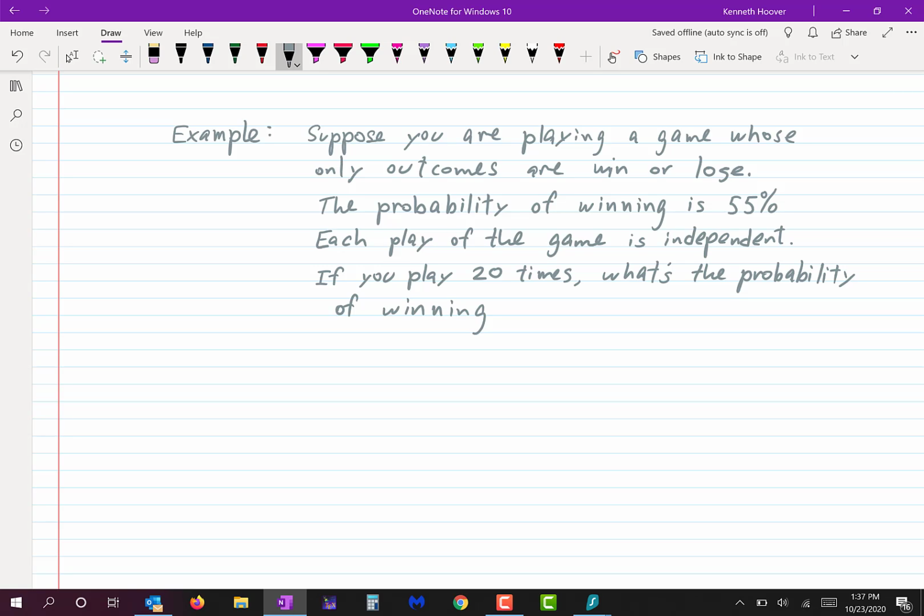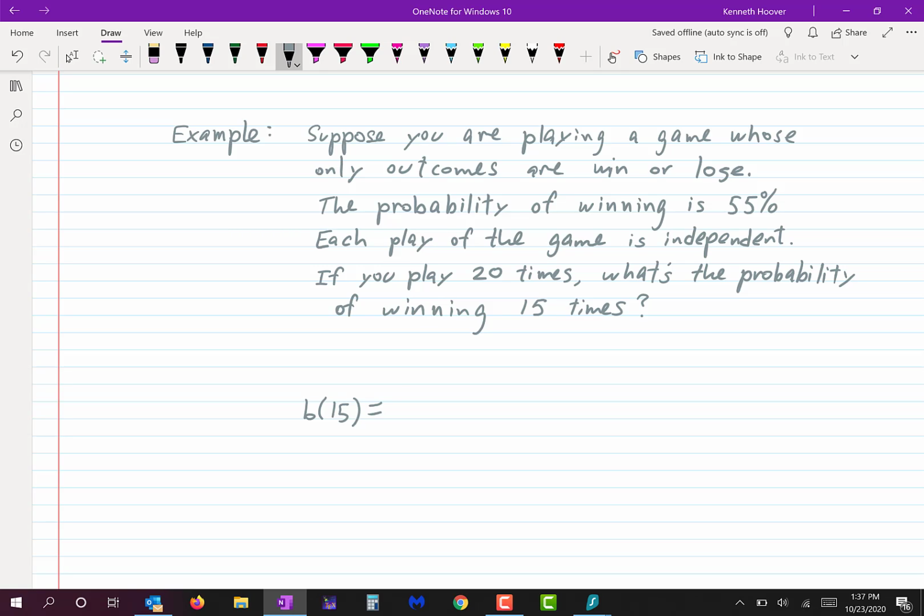They mean exactly 15 times, but that's not the way it's written in the book. It just says winning 15 times. So when it says that, let's assume that they mean exactly 15 times. All right, so that just means we just do b of 15, and we just use the formula.